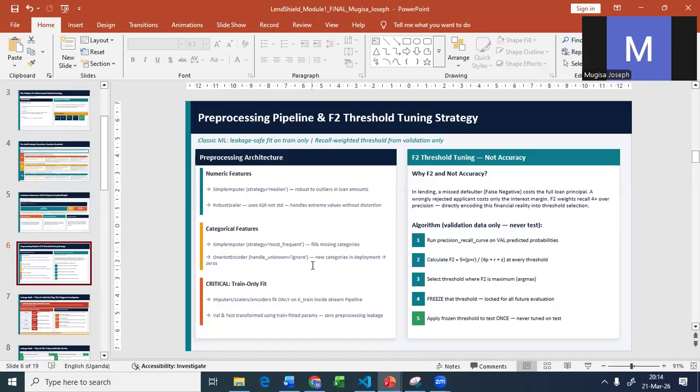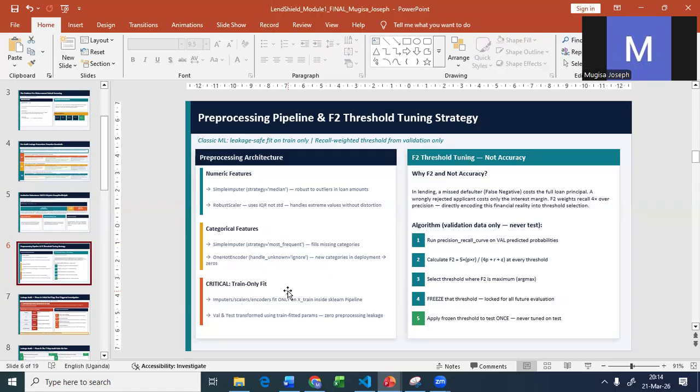For categorical features, we still use simple imputers, filling with the most frequent value, then one-hot encoding. So we get numerical labels for those categorical features by creating a column for each category. For example, let's say Job is doctor. We create a column and ask, is doctor? So 1 or 0, like that.